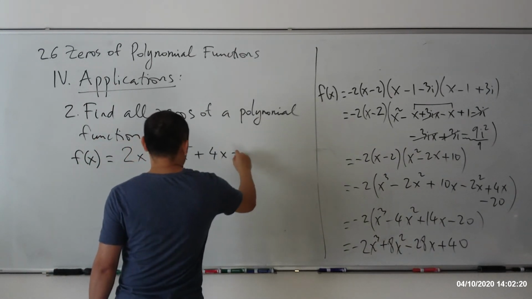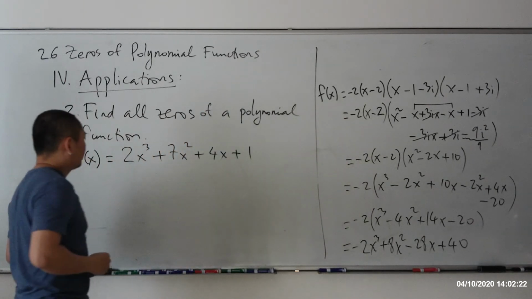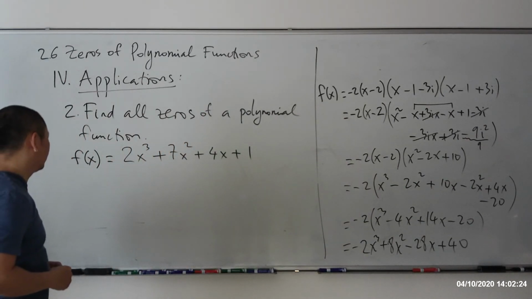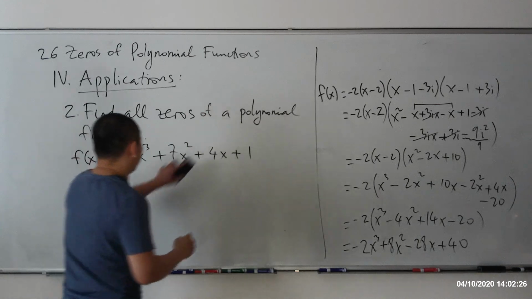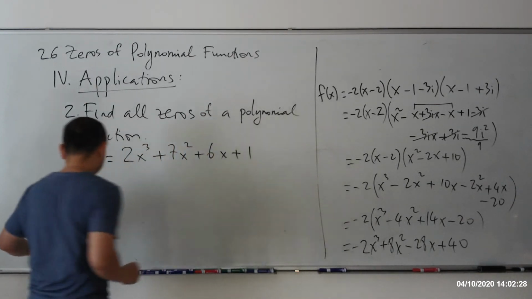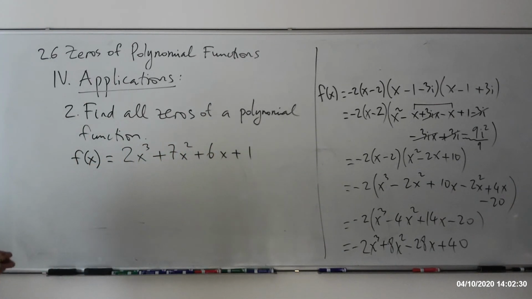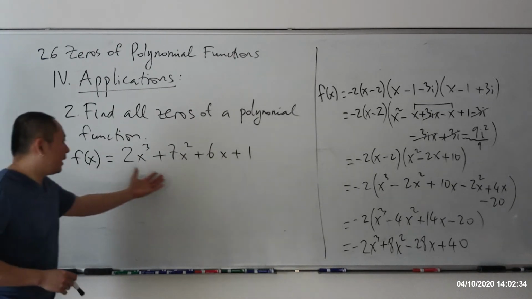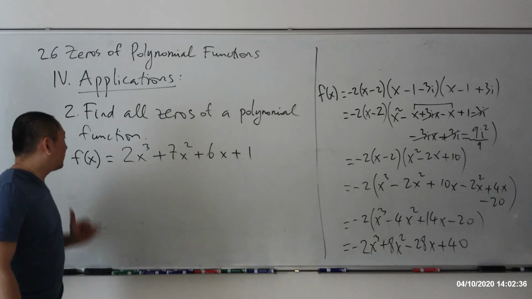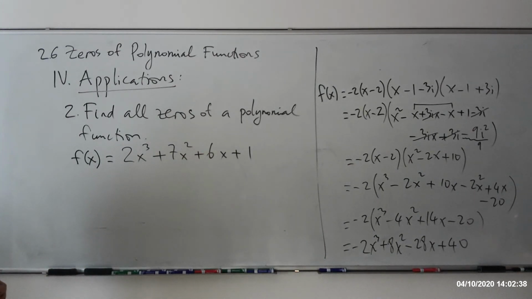And then plus 1. Plus 6x then. Plus 1. I'll just make an example. And this is a polynomial of degree 3, leading coefficient 2. The question asks you to find all the zeros.